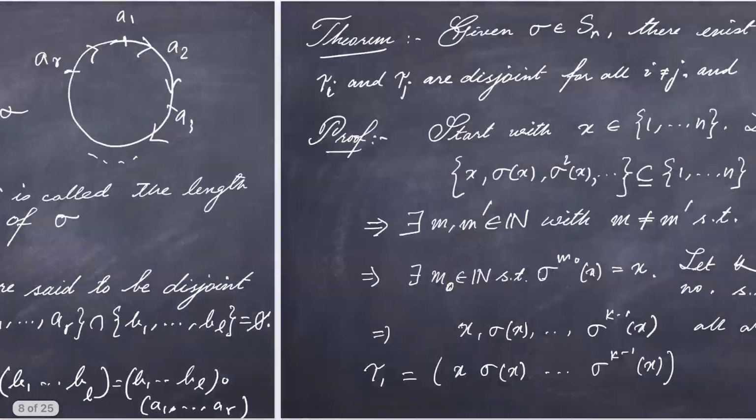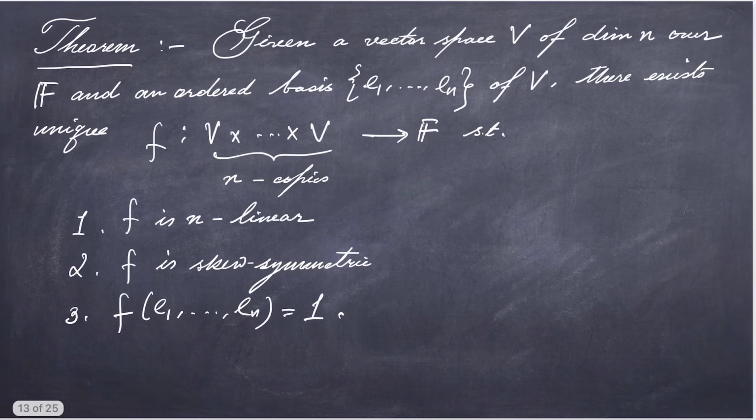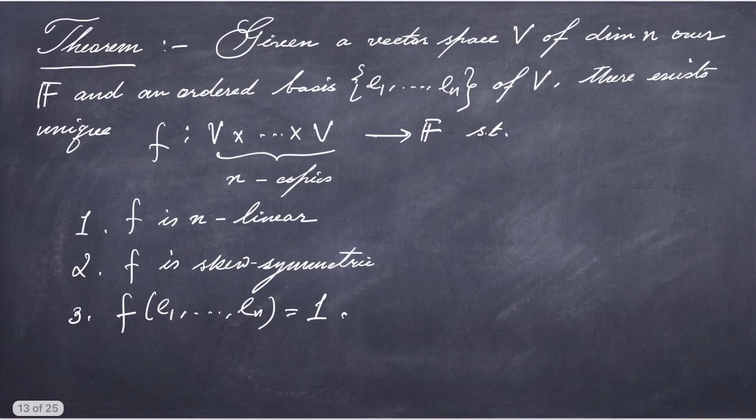We will now come to the main theorem. In this theorem we will prove that given a vector space V of dimension n over F and the basis e1, e2, ..., en, there is a unique function which is n-linear skew-symmetric and having the value 1 on e1, e2, ..., en. Let me again repeat what we have proved earlier.